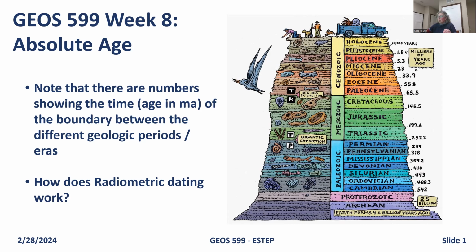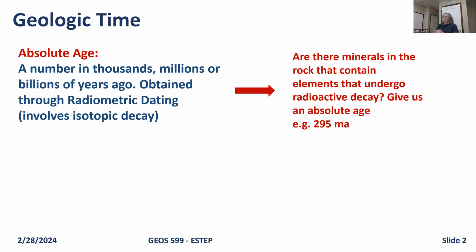That's the important part. So we have information on the absolute age for the boundaries between each of these time chunks. So how do we get them? Now, you'll remember that absolute age is a number in thousands, millions, or maybe even billions of years ago.